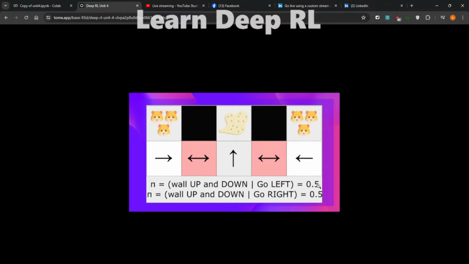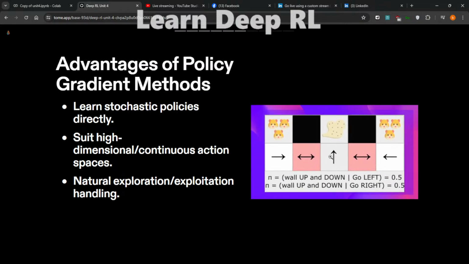Say going left and right, there's a 90% chance to go left, but there's still a 0.10 chance of going right. You would still, out of 100 runs, go to the right 10 times with that probability distribution. So from there, you can intuitively see that you're not going to just exploit. Over a large number of training runs, there is going to be this natural exploration handling.